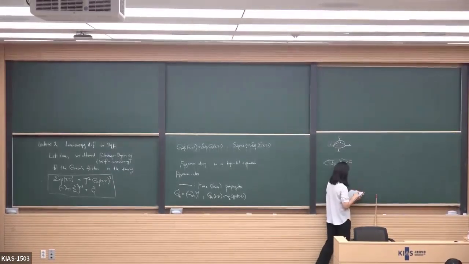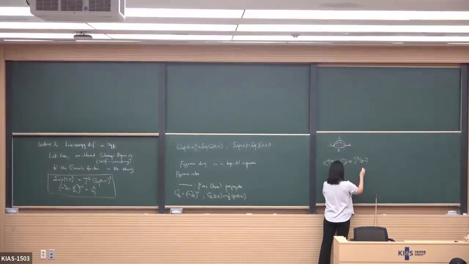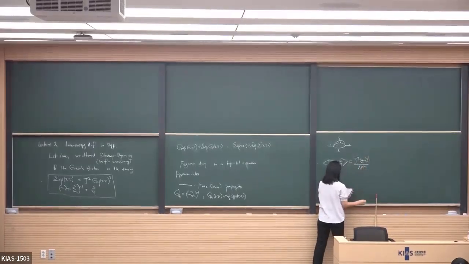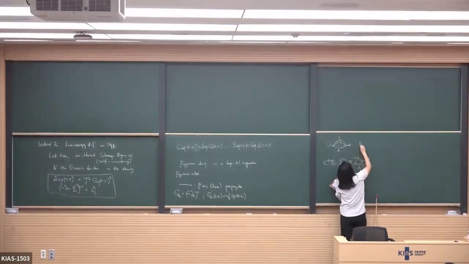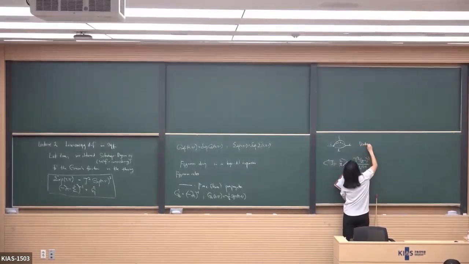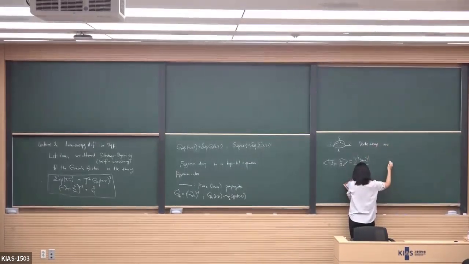So this is J squared times Q minus 1 factorial over N to the Q minus 1. And so this is a disorder average over two interactions.